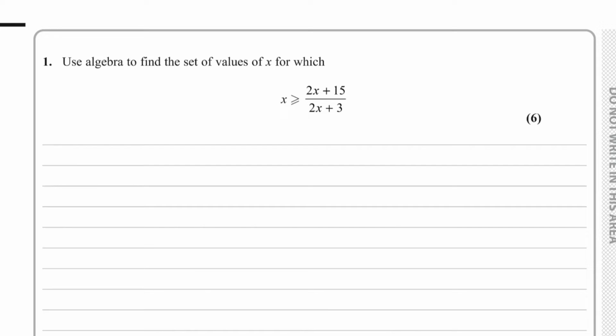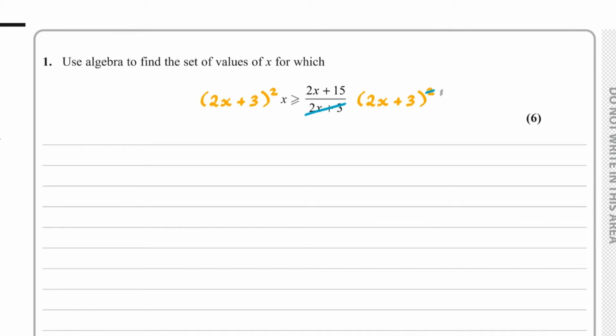Now, we begin this question by multiplying both sides by 2x plus 3 all squared. And what you will find is, on the right hand side, this cancels with this once.